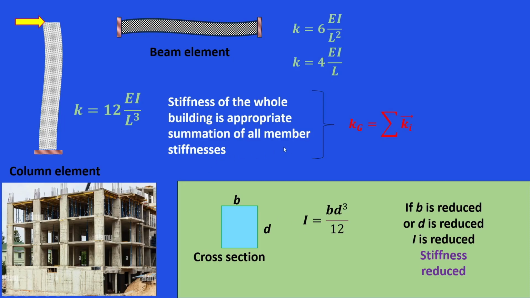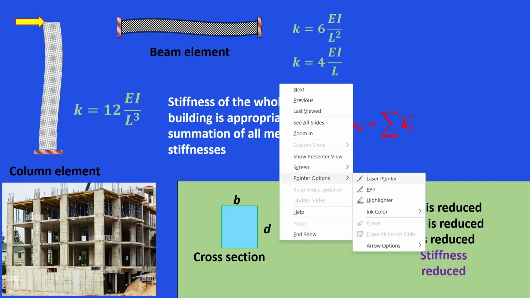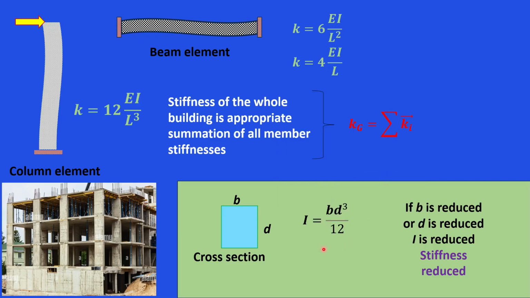Now in the stiffness expression, always I is there, the moment of inertia of the section. The moment of inertia of the section is given by b d cube by 12 for a rectangular section, where b is the width of the section and d is the depth of the section. So now if we change the value of b and d, I also will change.